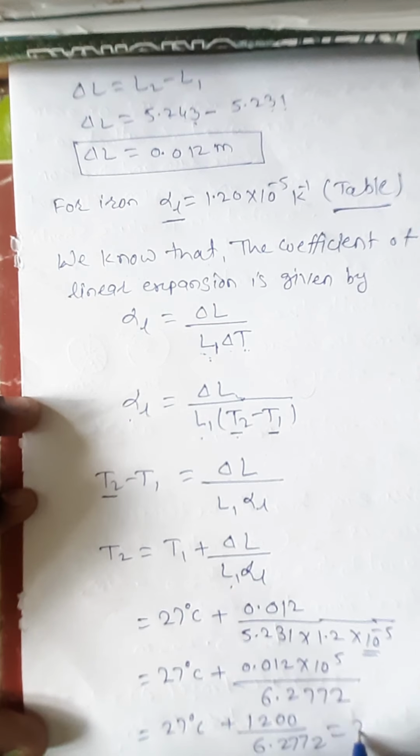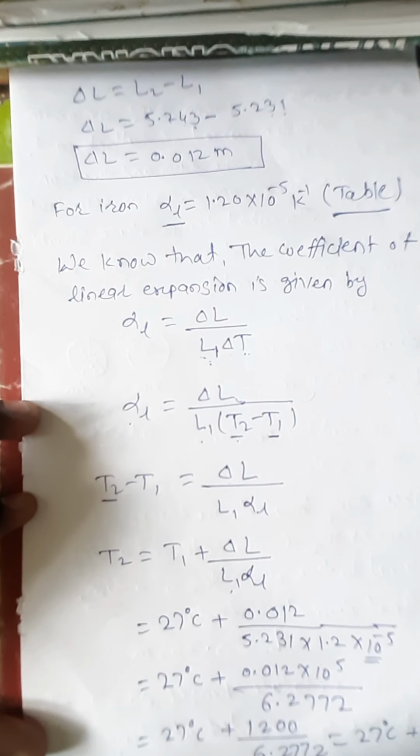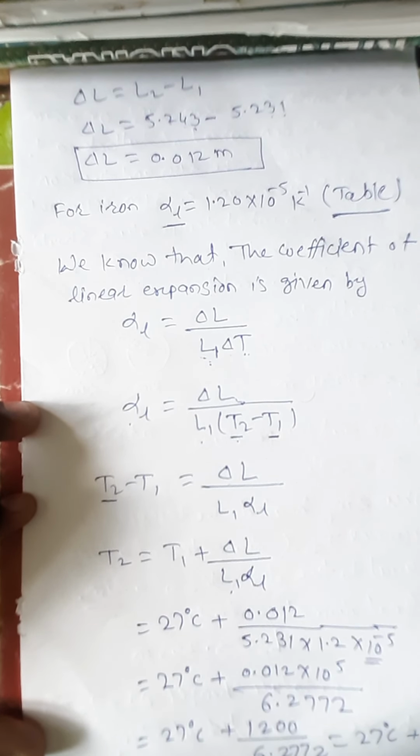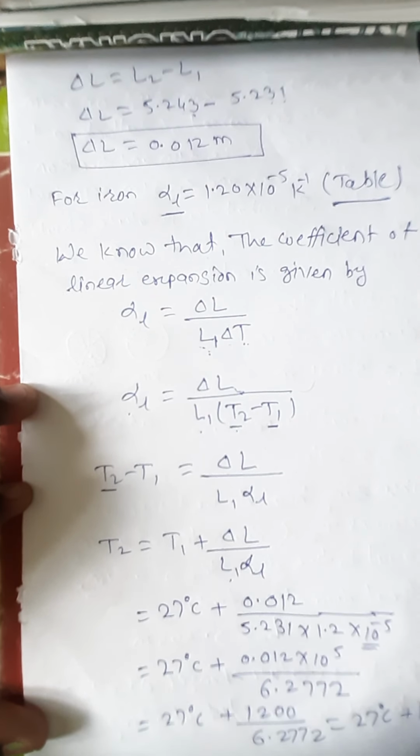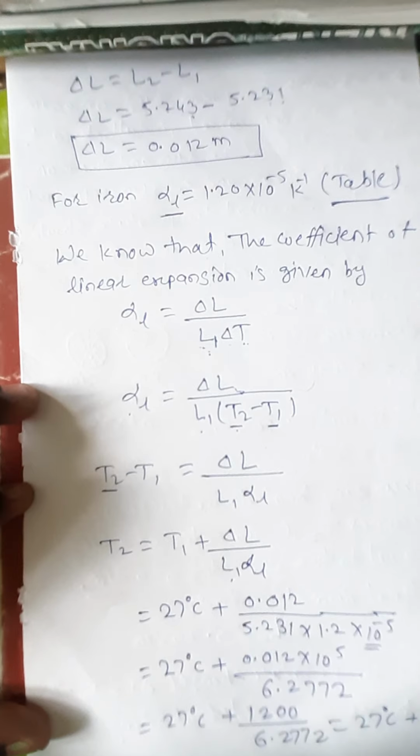Then this is nothing but 27 degrees Celsius plus 1200 divided by 6.2772, which is approximately 191 degrees Celsius.